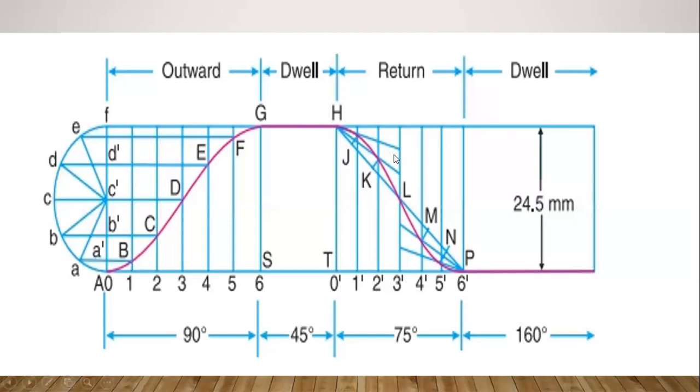Then join the points J, K, L, M, N to the intersection points of the two lines.